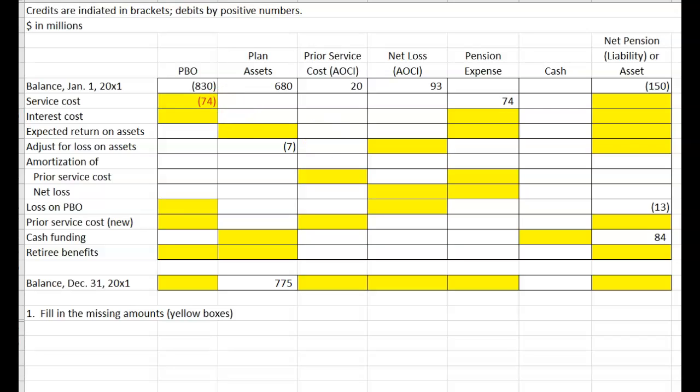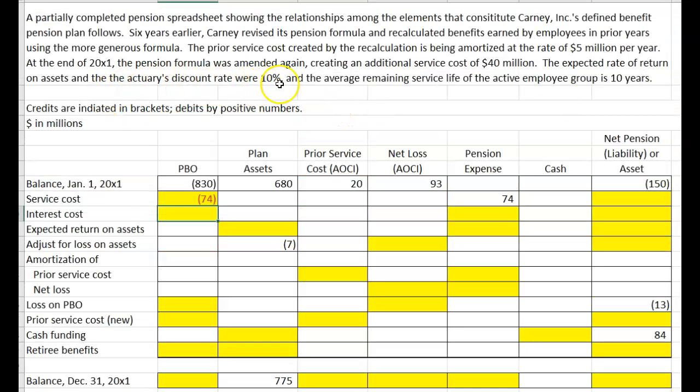Interest costs, current year interest costs, also increase the PBO balance and also increase the pension expense balance. We don't have a handy little clue here, but we do know some things. We know the beginning balance of the PBO was $830 million. And we also know that the actuary's discount rate is 10%.